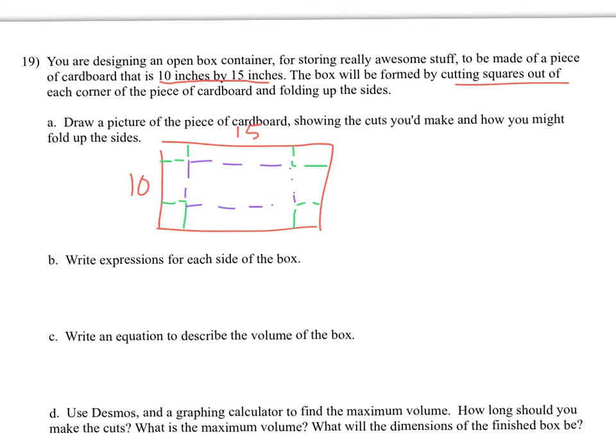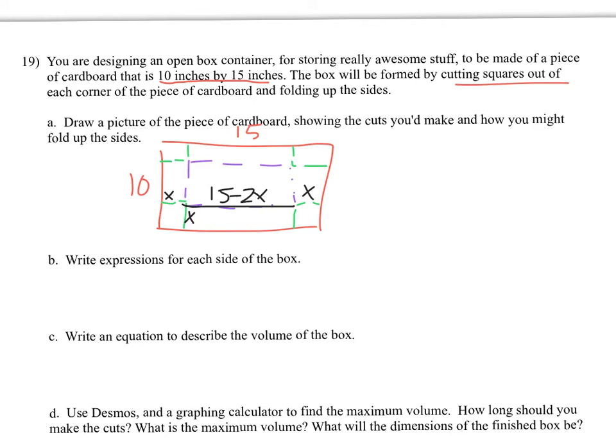Write expressions for each side of the box. Okay, well, I need to figure out some things. I don't know how big those squares are, so I'm probably going to call those x and x. If this whole side was 15 and I'm cutting x away from both sides, that means that length is going to be 15 minus 2x.